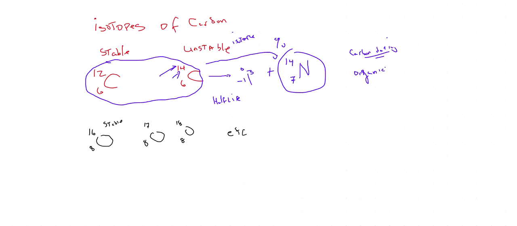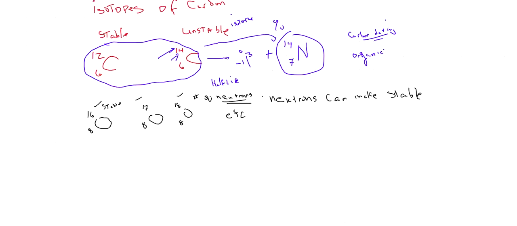The difference between oxygen-16, oxygen-17 and oxygen-18 is the number of neutrons. So neutrons can make stable isotopes become unstable.